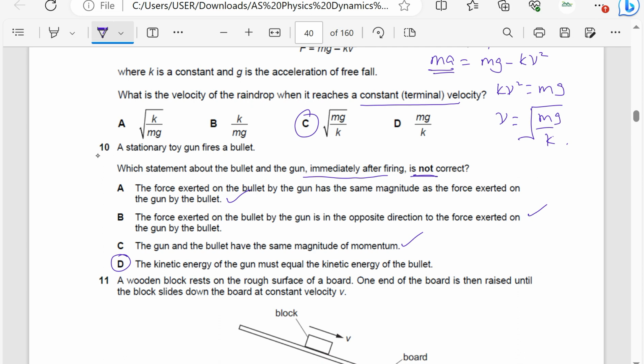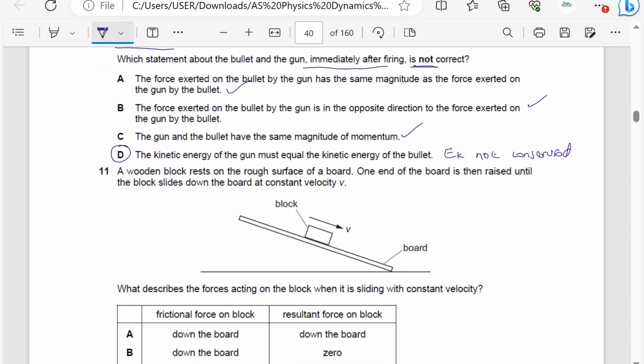Remember, total kinetic energy before was 0, and yet after firing, total kinetic energy is no longer 0. So kinetic energy is not conserved. Immediately after firing, it was stationary, so initial kinetic energy is 0. After firing, it is not 0, so kinetic energy is not conserved.